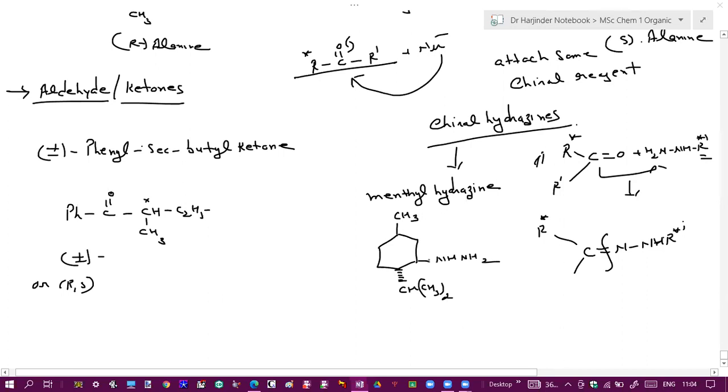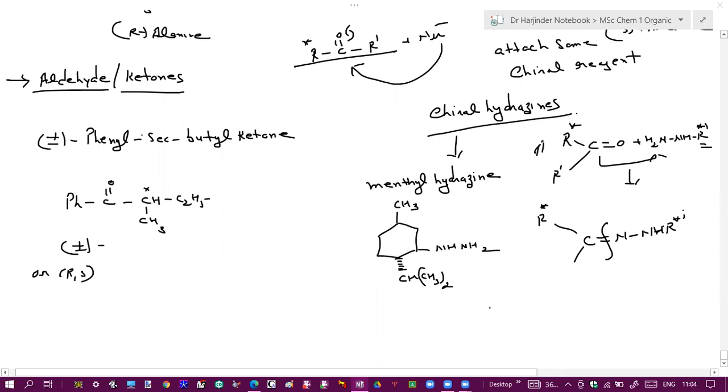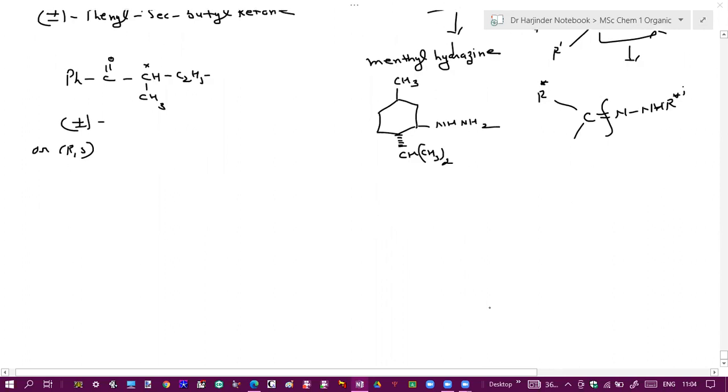You can use methyl hydrazine either plus or minus, or other reagents that are used are tartaric acid hydrazide. It is from tartaric acid, and its structure will be like this.